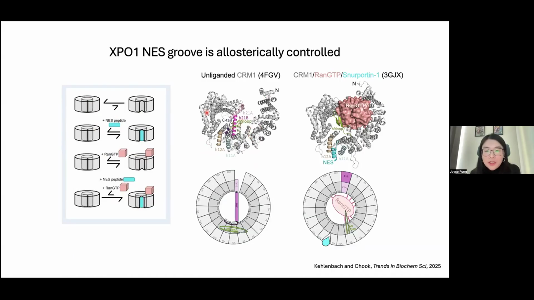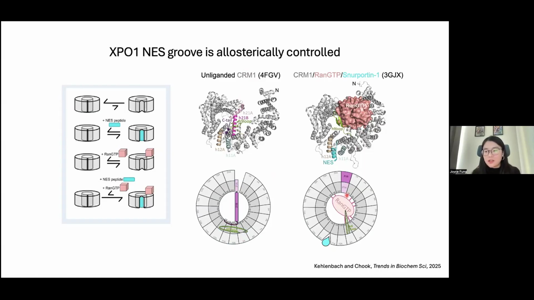If we look at this unliganded CRM1, a thermophilic homolog of Expo1, you can see in the structure that HEAT 21 has a long B helix that transfers across the solenoid and positions a loop that interacts with the bottom of the NES groove. There's also a long H9 loop, a hairpin, that also packs in the back of the NES groove, keeping it closed. But when RAN GTP binds in the middle, sterically it pushes the 21B helix away.